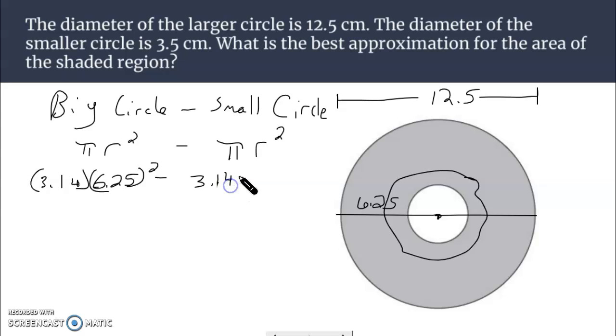Then working on the smaller circle, it says the diameter of the smaller one is 3.5, and that distance pretty much from here to here. If we take half of that, 3.5 divided by 2, 1.75.